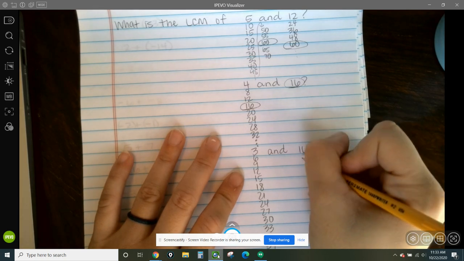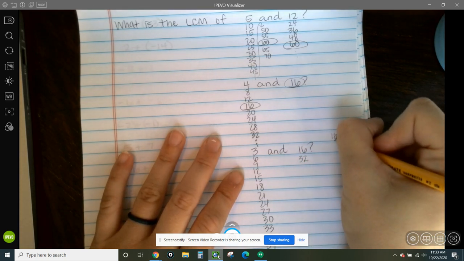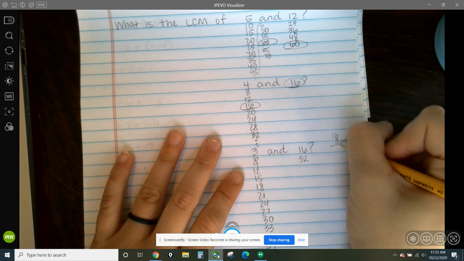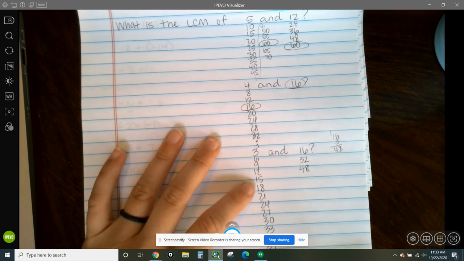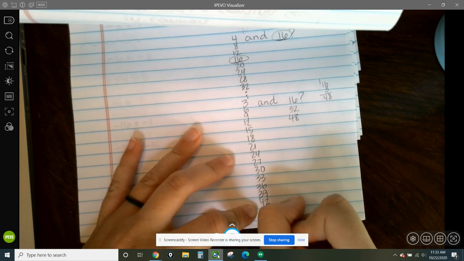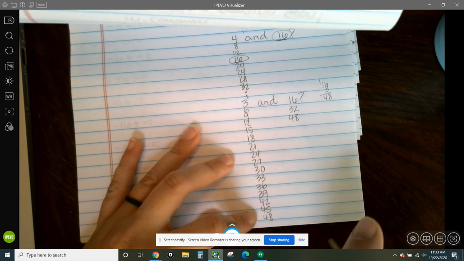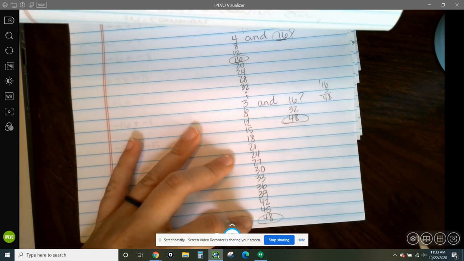So 16, 32. What's 16 times 3? I don't actually know that one. 48. Okay, so it looks like I haven't gone far enough on my 3 list yet. But the very next one, if I add 3 again, I get 48. So there's my least common multiple, 48.